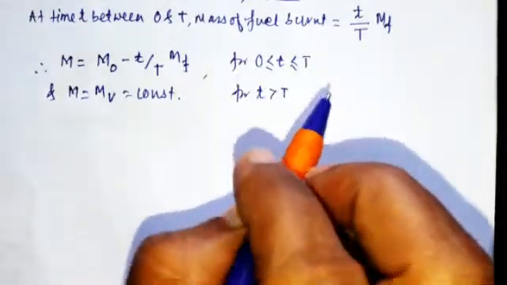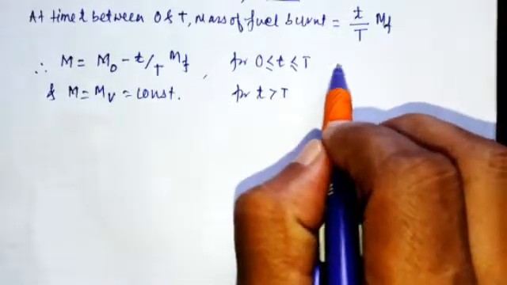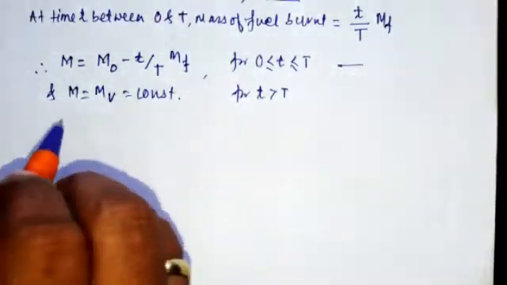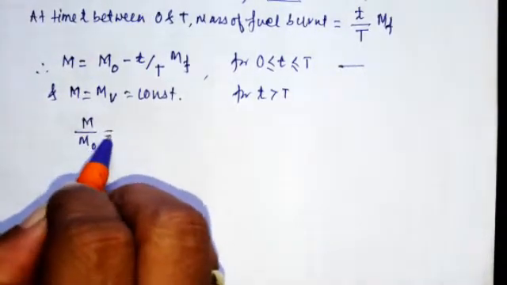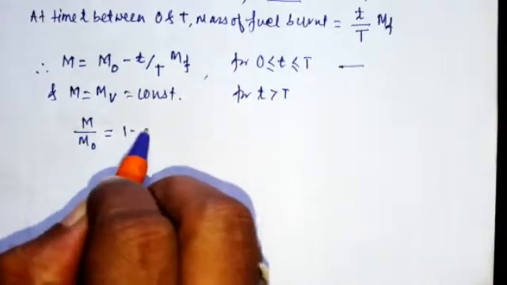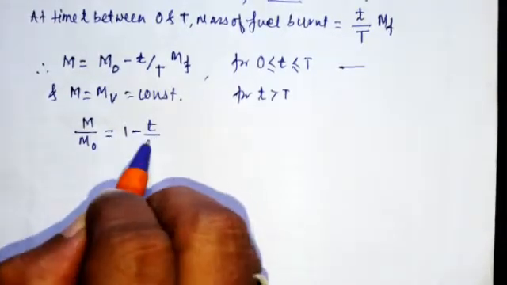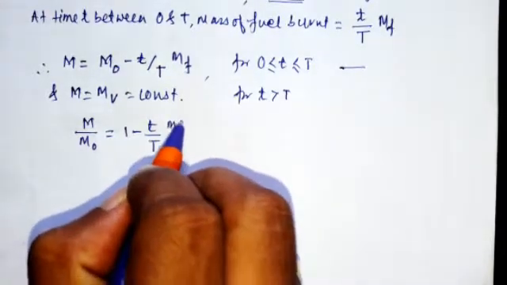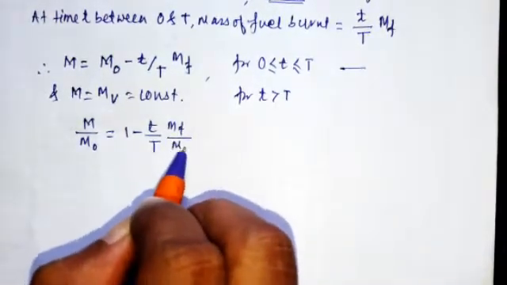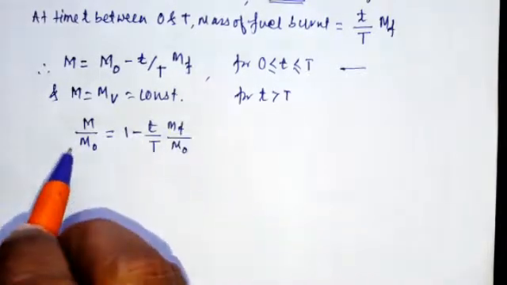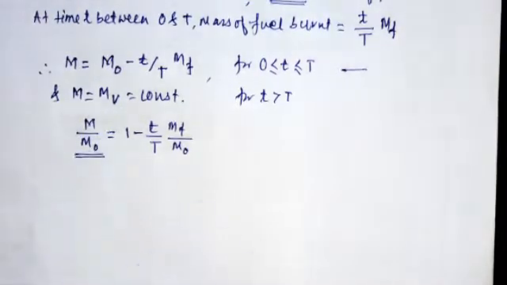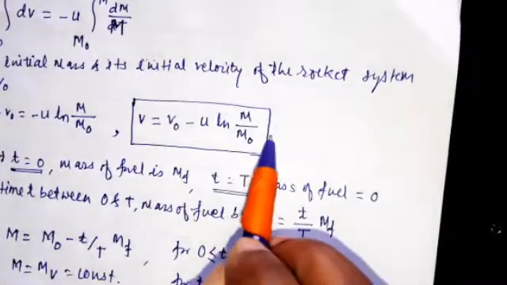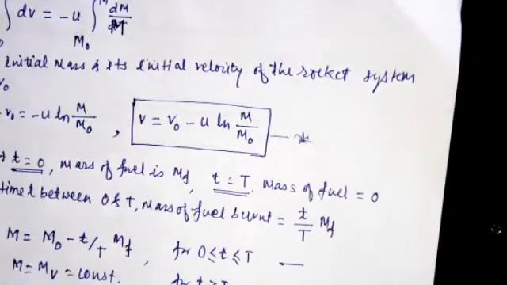So from the above equation, we can write m upon m naught is equal to 1 minus t upon capital T multiplied by mf upon m naught. So substitute this m upon m naught in the first equation, that is the star equation.